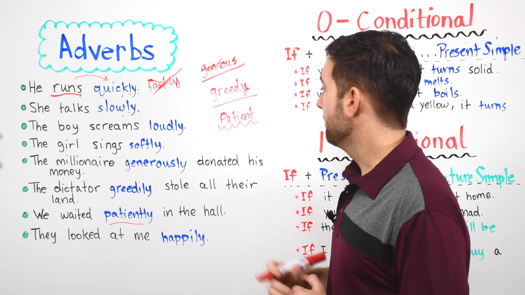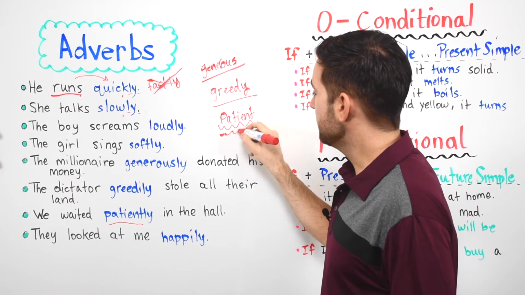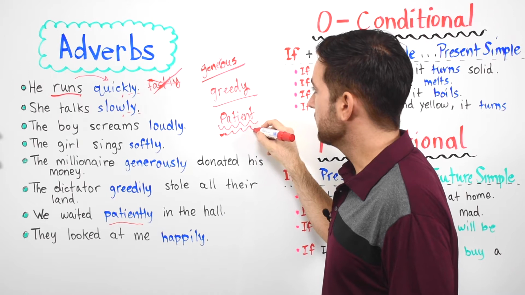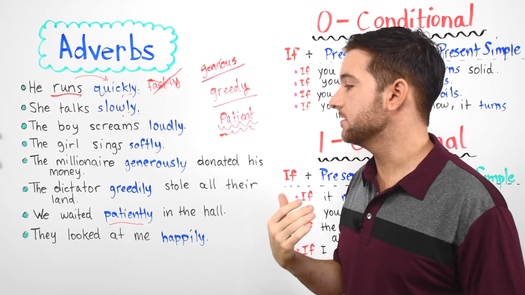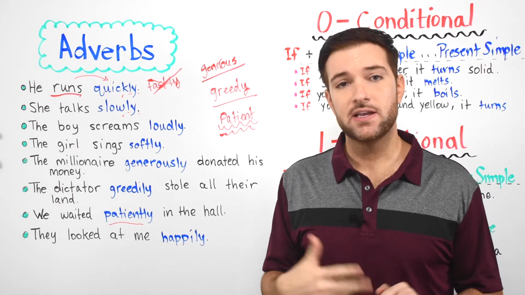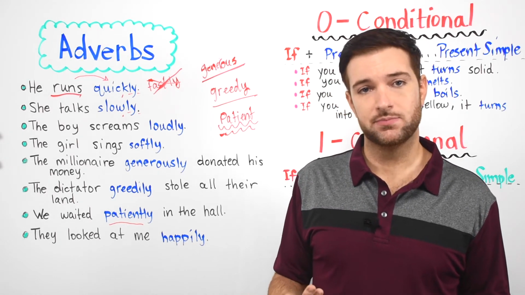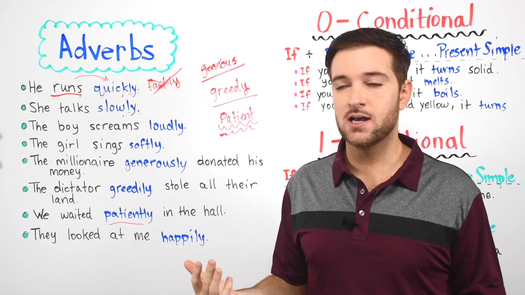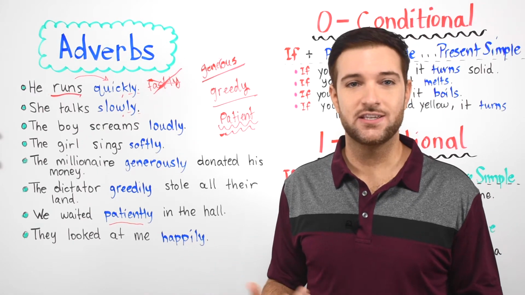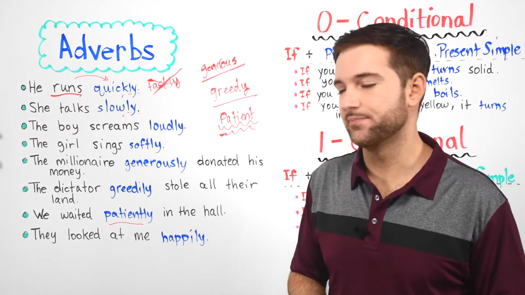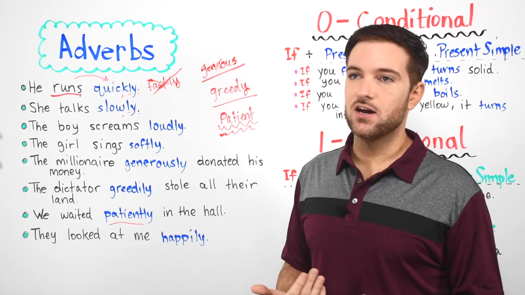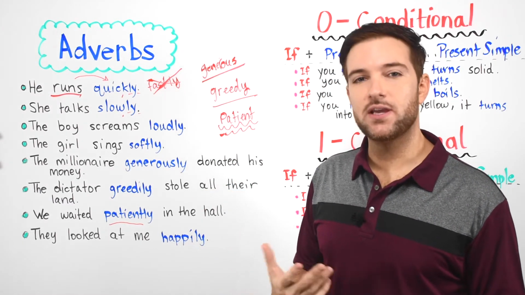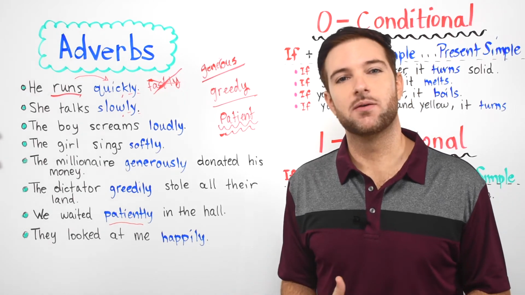But patient is not just a noun. It is also an adjective. You can describe somebody as being patient. My grandpa is a patient in the hospital. He has been in the hospital for 10 days. He is very patient, meaning you don't mind waiting a long time for something to be accomplished.